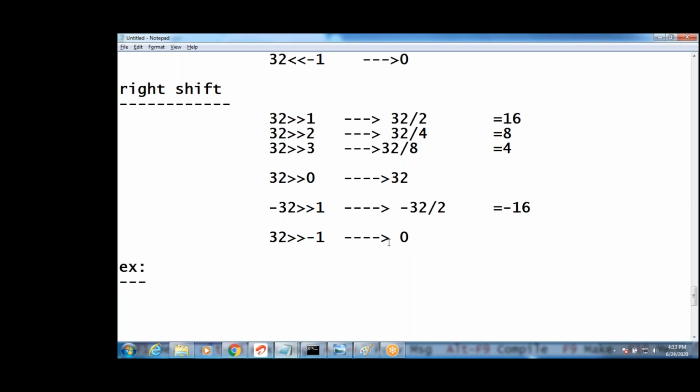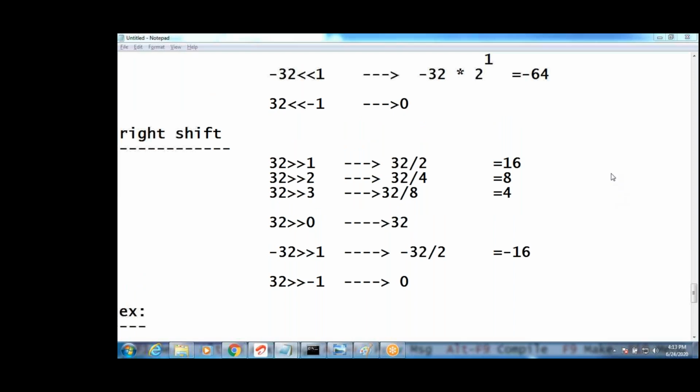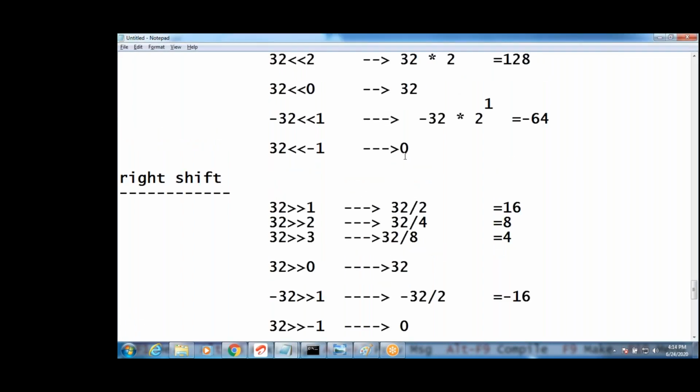Small example, guys. A right shift and left shift example. Completed? Yes, completed, right?